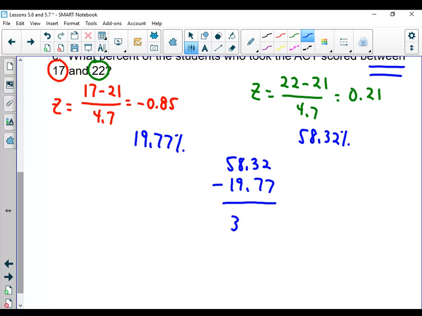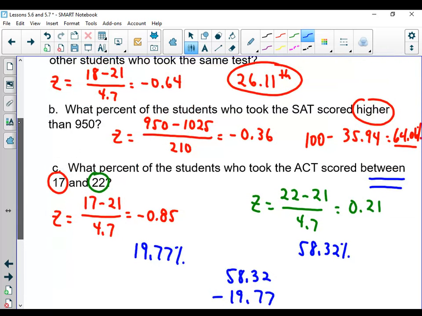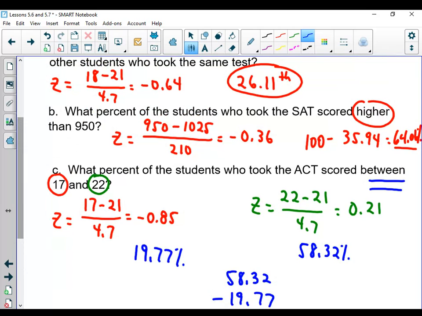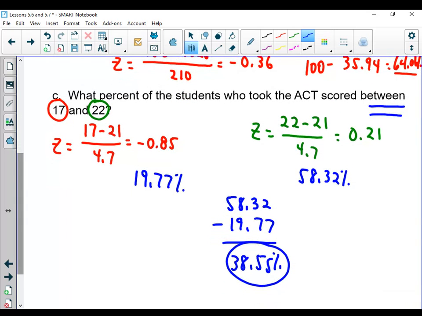So in between those two is roughly 38.55%. So again, really there's only three types of problems you can see. You're going to have the percentage that are less, percentage that are more, and the percentage in between. And the z-table can help you figure that out.